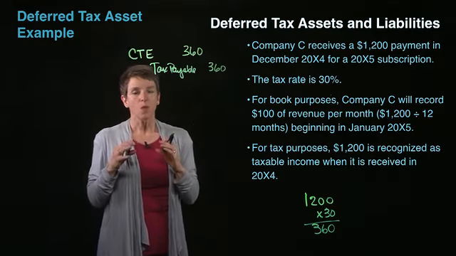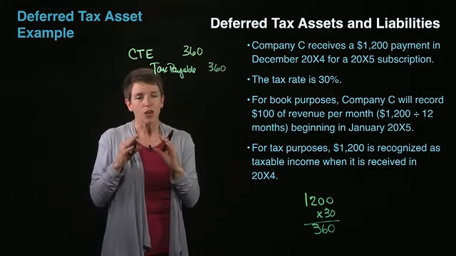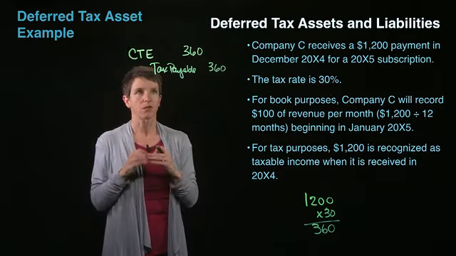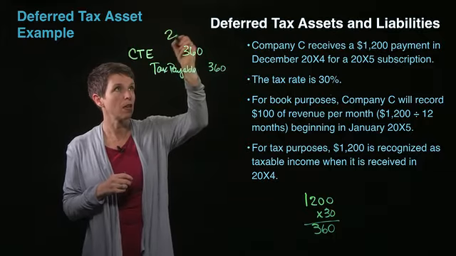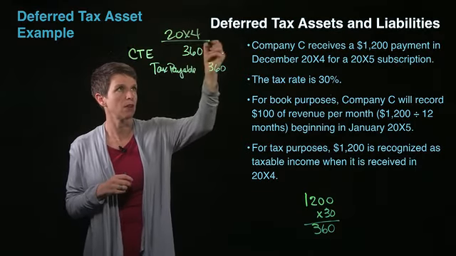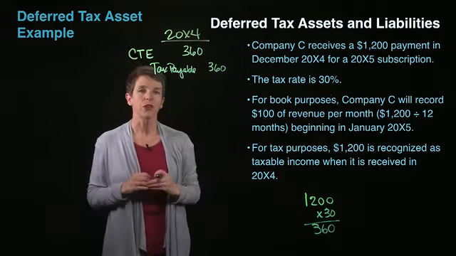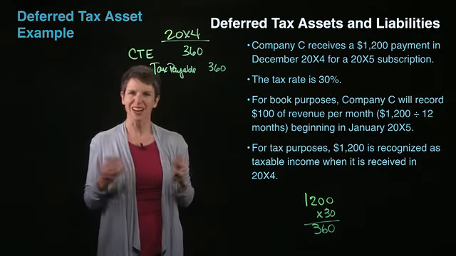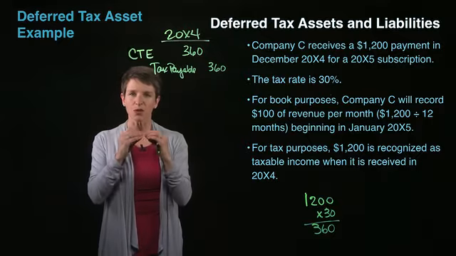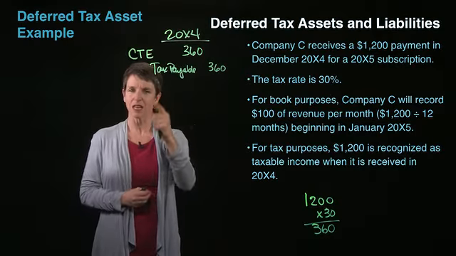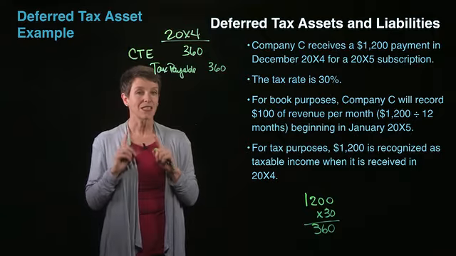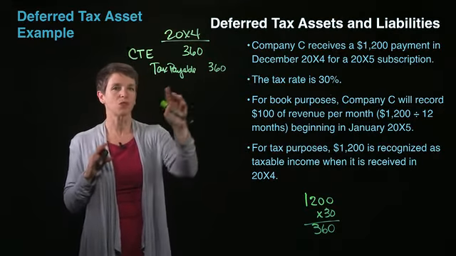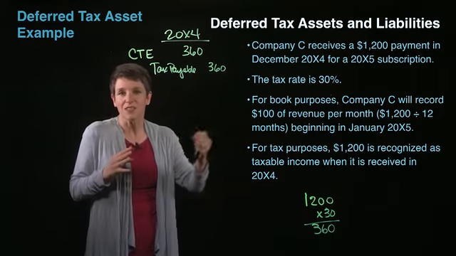But now, if we were to look at our income statement, we have no revenue in 20X4. In fact, let's put that up here. We're looking at 20X4 right now. We have no revenue in our books and records. And if we left this tax expense here, it actually would look strange to have zero revenue but pay a tax. So instead of leaving that alone, we will say, actually, this tax payable was really paid sort of in advance.